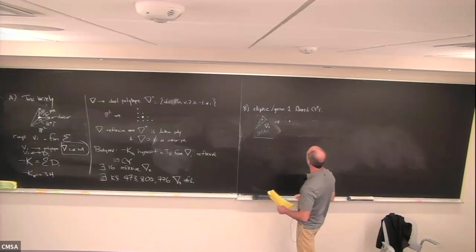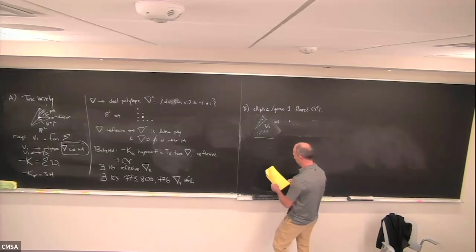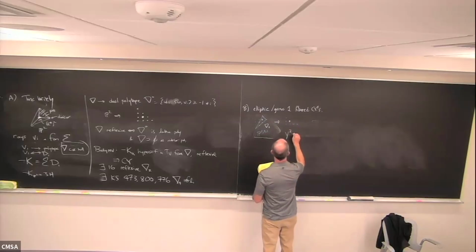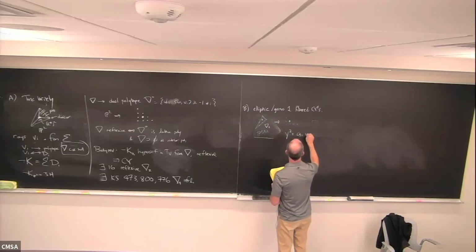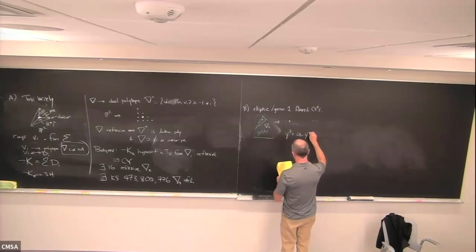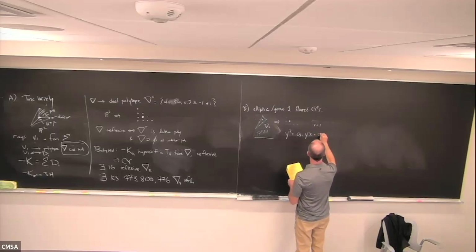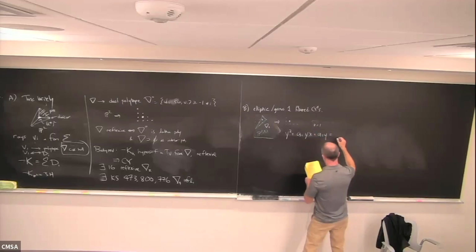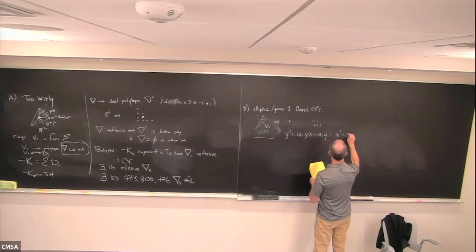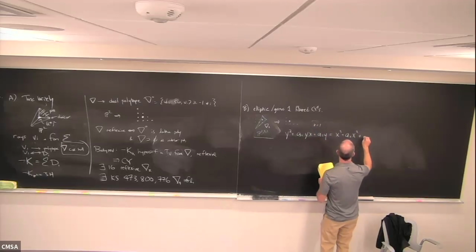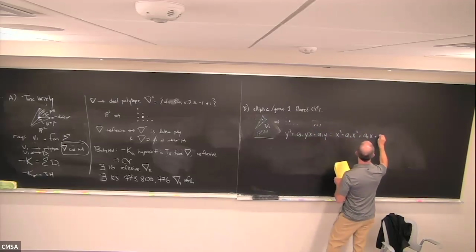we can write down a general form for an elliptic curve: y squared plus a1 y x, and I'll look in a patch where z equals 1 for convenience, plus a3 y equals x cubed plus a2 x squared plus a4 x.